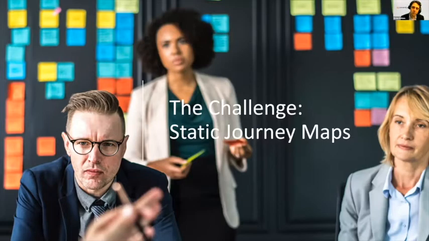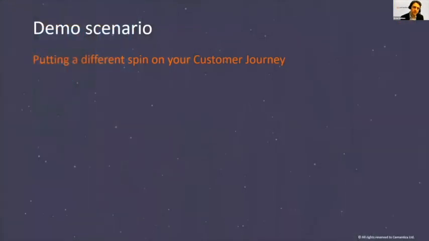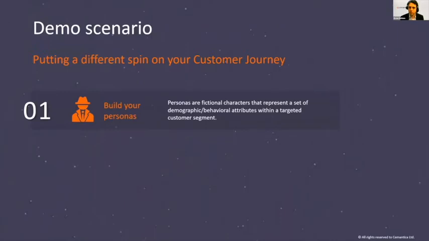So how do you actually turn these journey maps into something vital, something that will be updated automatically over time and will also reaffirm the perception that you had of a persona and a customer journey? And I think that the answer lies in a scenario which I will go through, starting with building a persona.